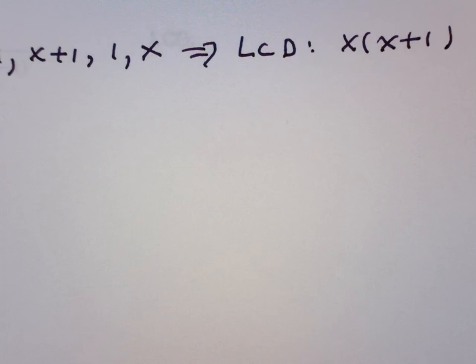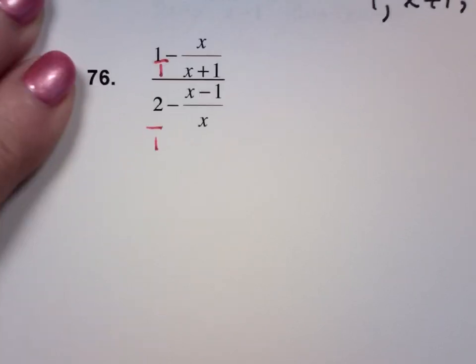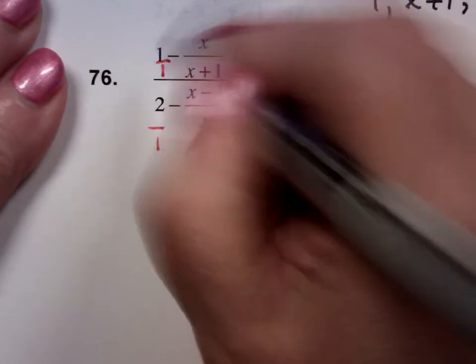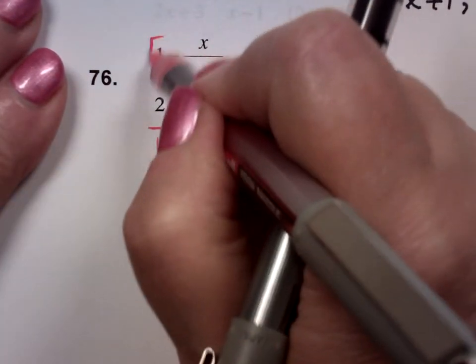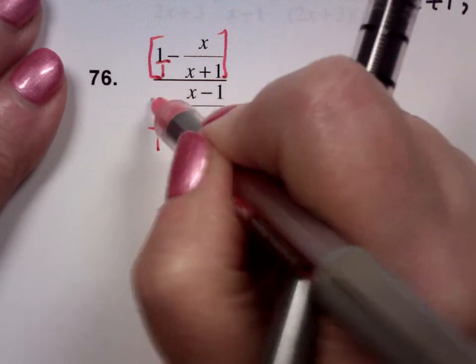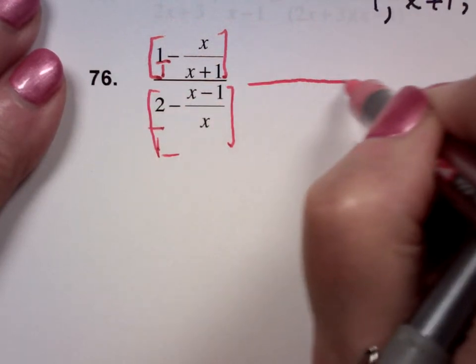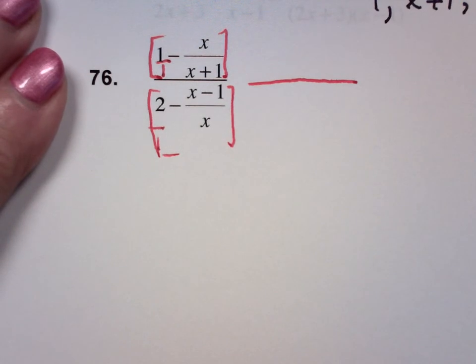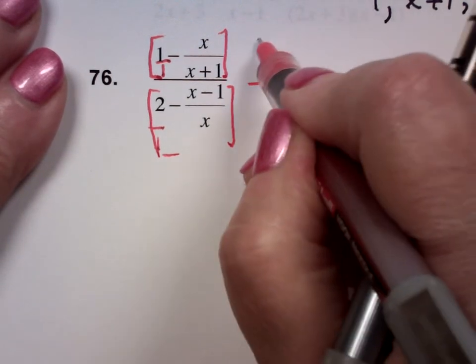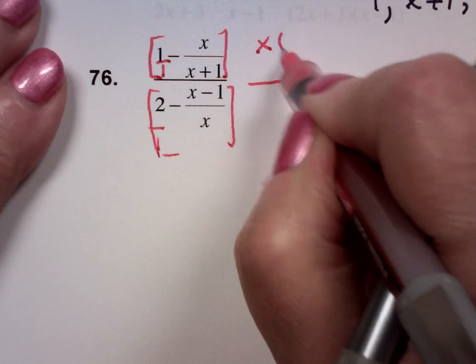And it's going to look a little freaky. So I'm going to come back to my problem, and I'm going to treat the numerator as a clump, the denominator as a clump. Some of you may have learned this when you took your course in 120. And I'm going to multiply by the LCD, the combined LCD.